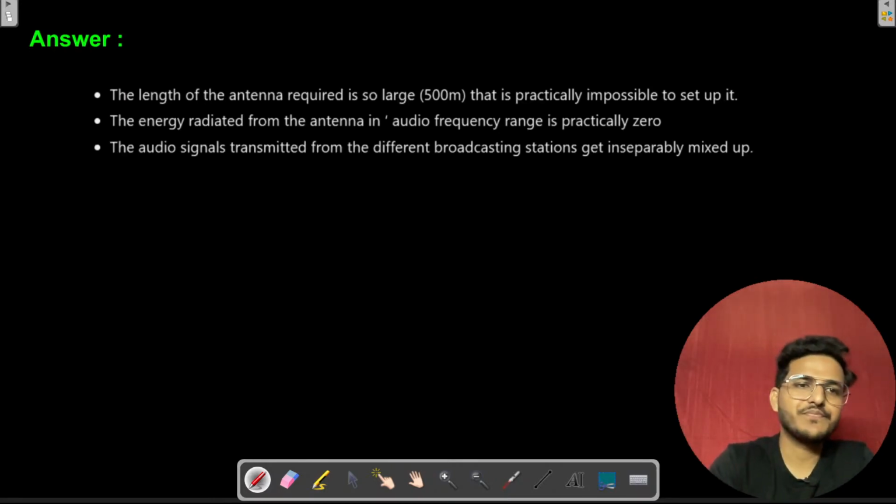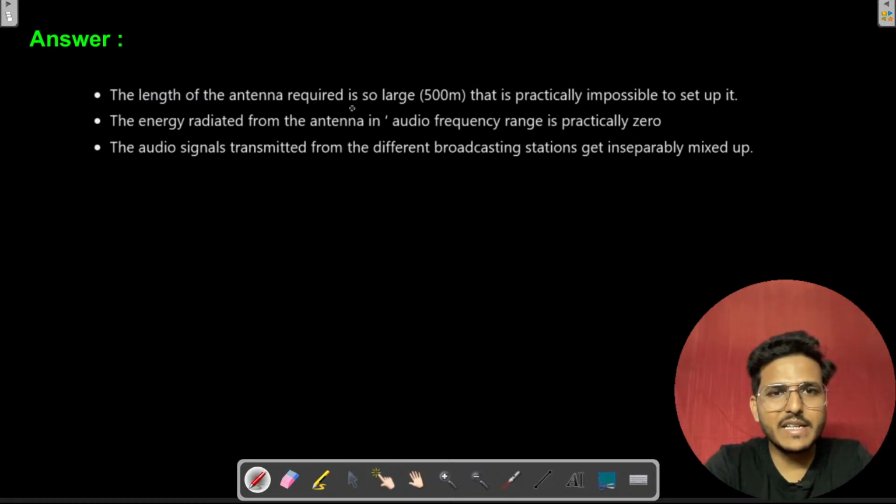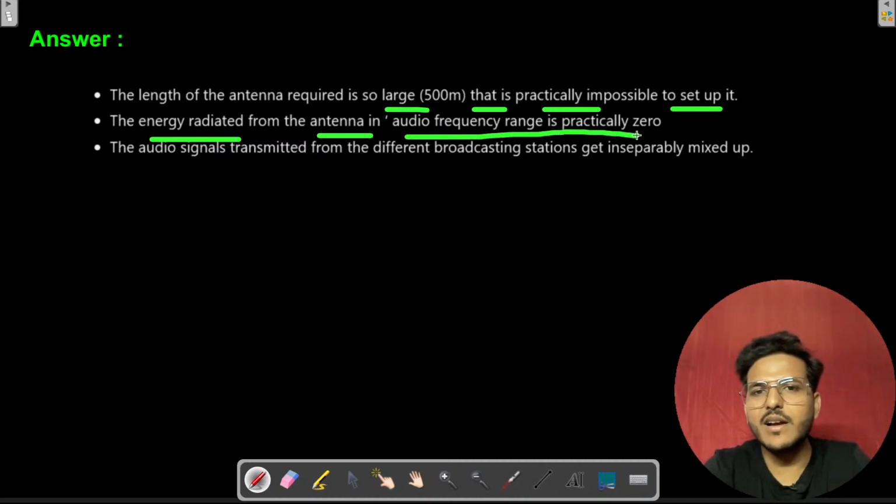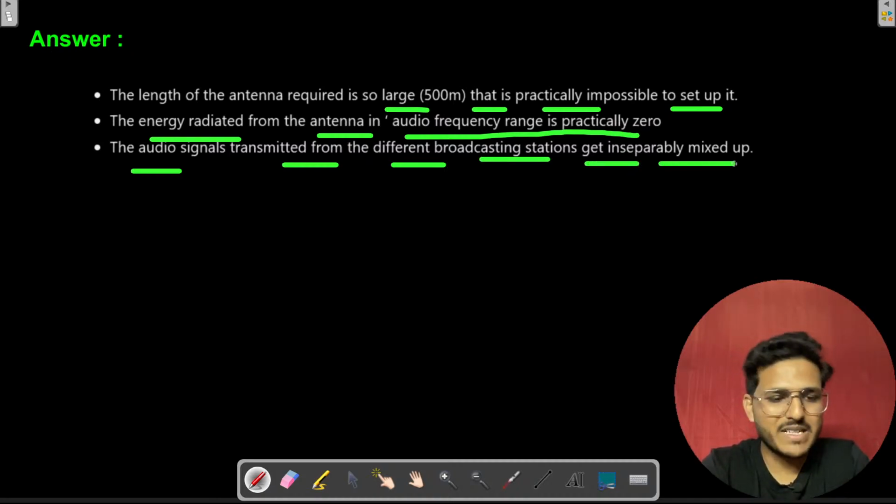The length of the antenna required is so large, 500 meters, that it is practically impossible to set up. Also, the energy radiated from the antenna in the audio frequency range is practically zero. The audio signals transmitted from different broadcasting stations get inseparably mixed up.